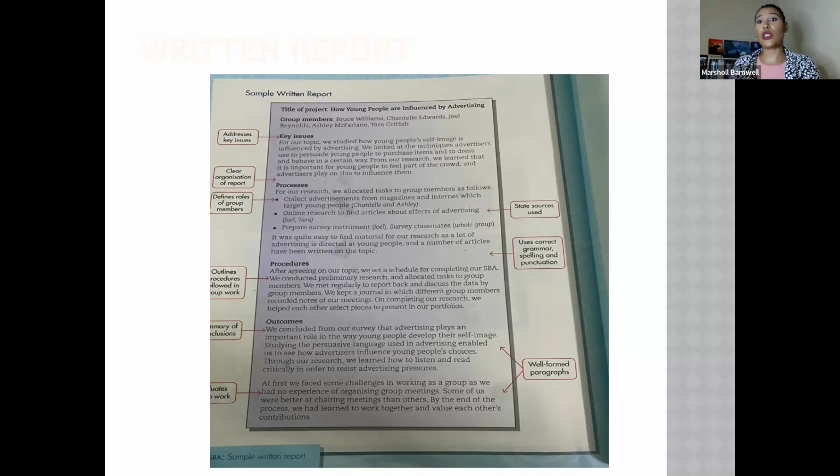So in the procedures, you're basically saying how you worked both as a group and as individuals to achieve the outcome. Each individual of the group really should sit down and have their own answers. Then as a group, you come together and share your answers and see where your experiences were either similar or dissimilar.